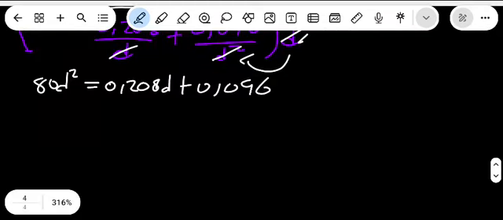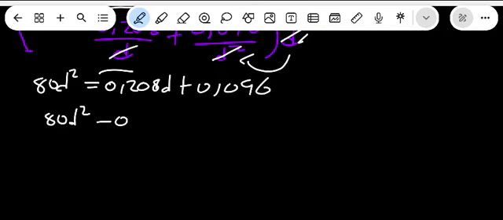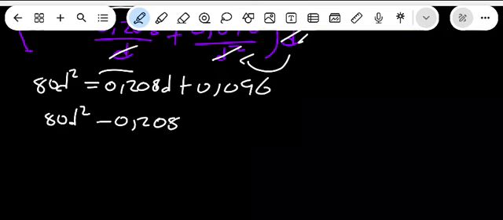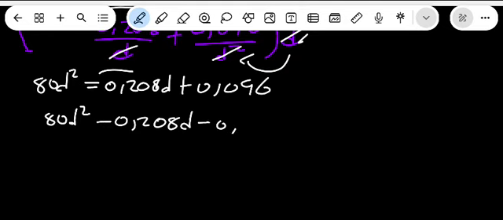So here I have 80D squared. I take this to the other side, minus 0.208D minus 0.096. This must be equal to 0.